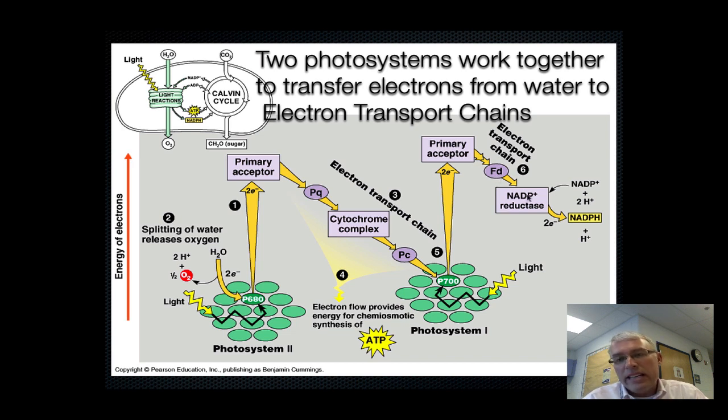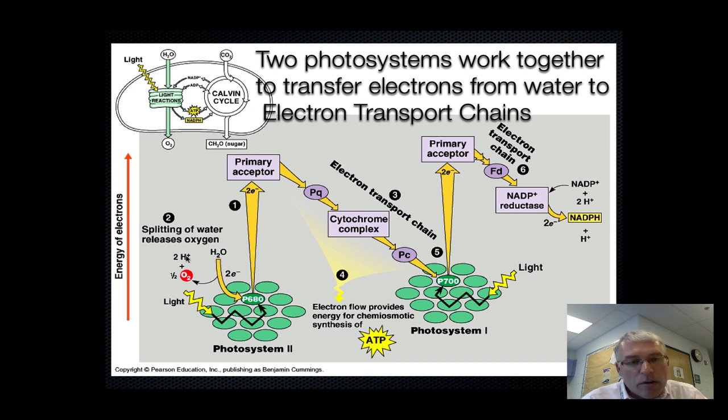They pass their way down another shorter electron transport chain until finally they become the property of NADP, which is reduced to NADPH. So the electrons start over here, bounce up, down, up again, and then into NADPH, which holds on to them. Now, if we're taking electrons out of photosystem 2, they have to be replaced from somewhere, and those are coming from the splitting of water, which we talked about earlier.